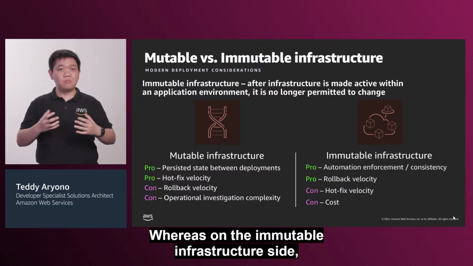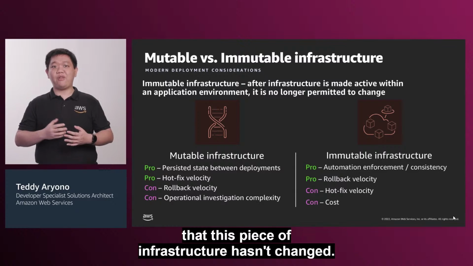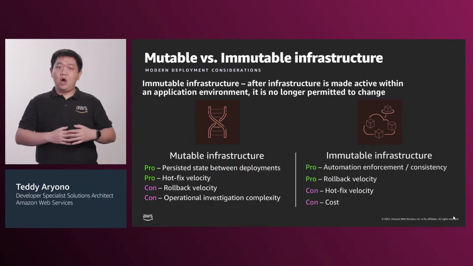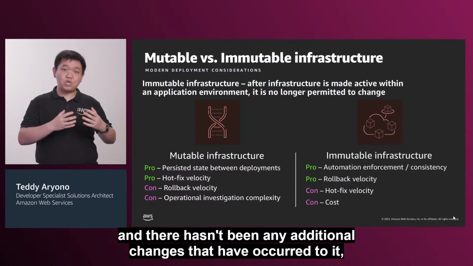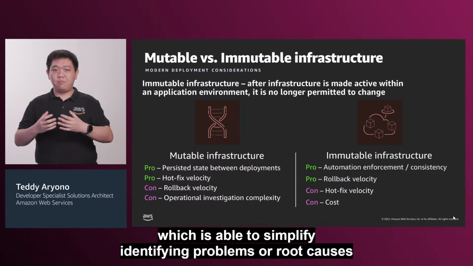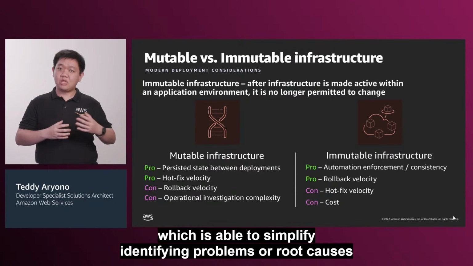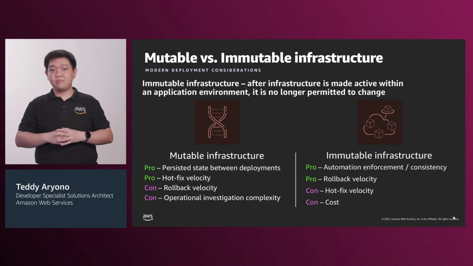Whereas on the immutable infrastructure side, you can have a lot of confidence that this piece of infrastructure hasn't changed. All of those things are baked into it, and there haven't been any additional changes that have occurred to it, which simplifies identifying problems or root causes when they may have started occurring within your environment.